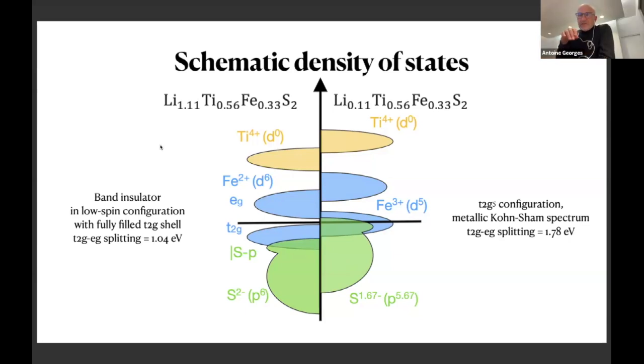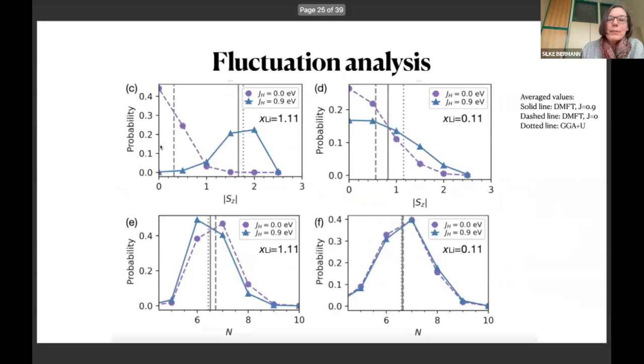And perhaps as a footnote to my question, you emphasized that in the metallic state, which is the lithium poor state, the histogram of states is very broad over different charge states. But is it such that within each charge state, it is still the high spin configuration that dominates? So that would qualify this state to be called a Hund metal? No. In the metallic state, it is rather the low spin configuration.